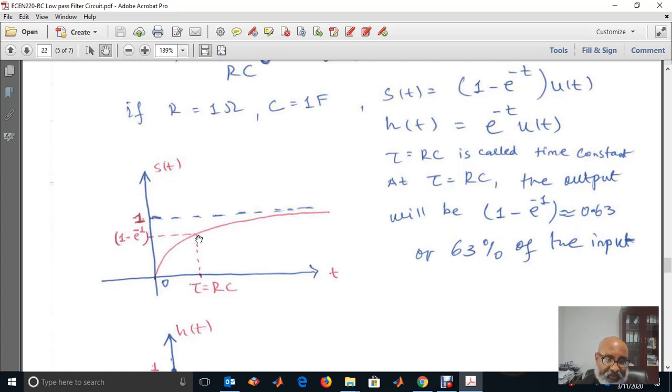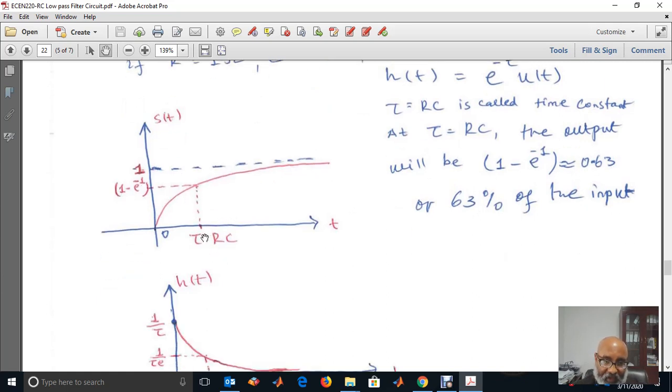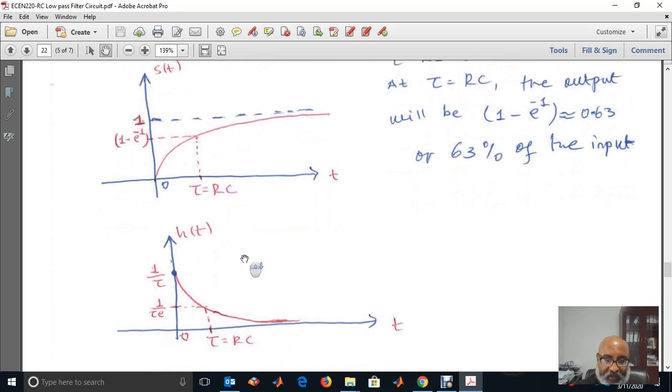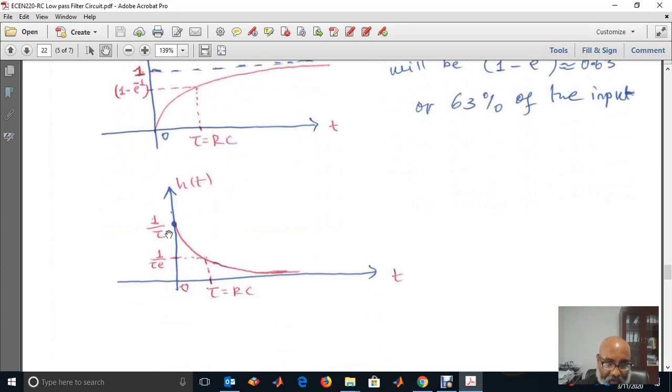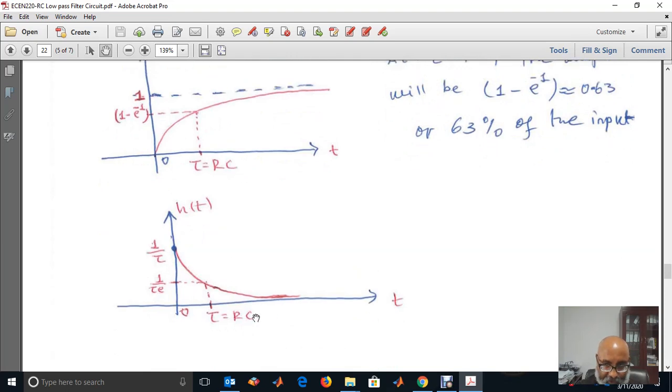This time constant tau determines how quickly the capacitor is charged. If tau is small, then the capacitor is quickly charged to the steady state value, and if tau is big, it stays longer. And the impulse response is, of course, a decaying exponential function given by this graph.